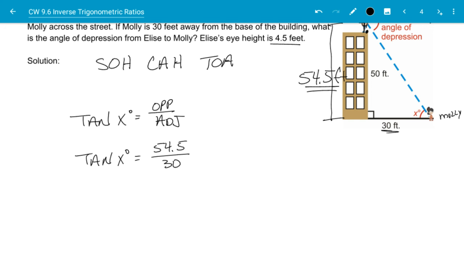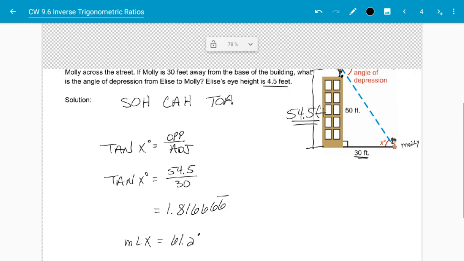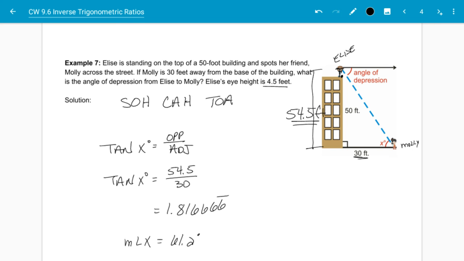So 54.5 divided by 30 is equal to 1.816666, and that's repeating. So then the measure of angle X is equal to, I take the inverse tangent of that number, and I get 61.2 degrees. And I'll just leave it in the tenth of the degrees. So the angle of depression is 61.2 degrees.